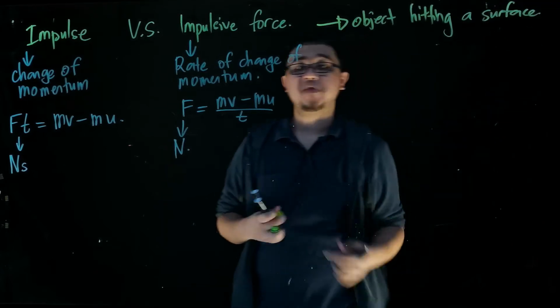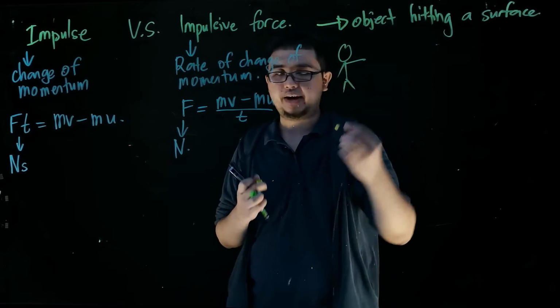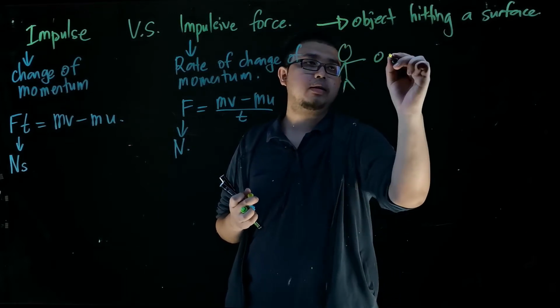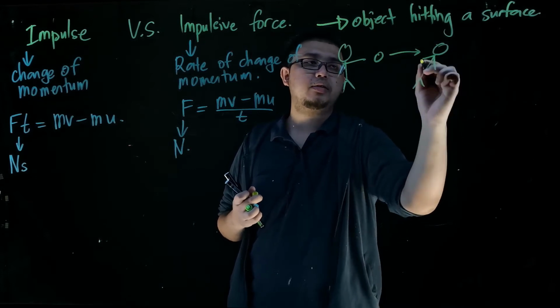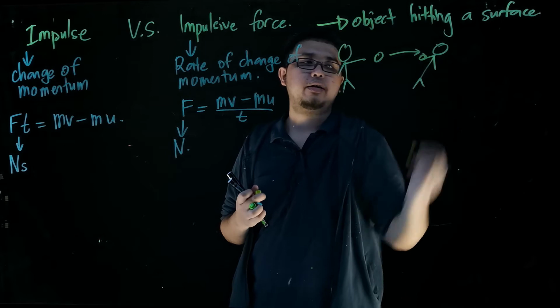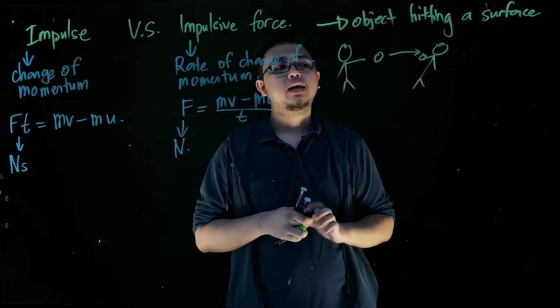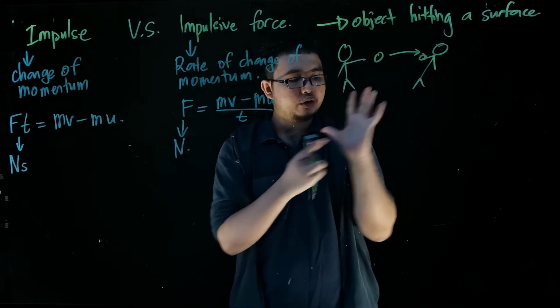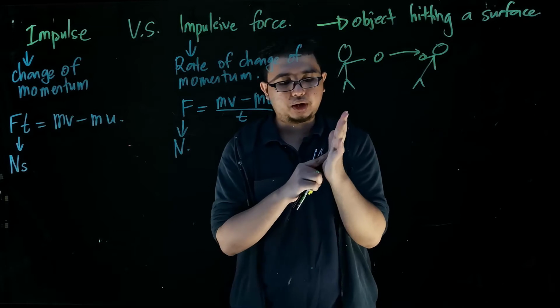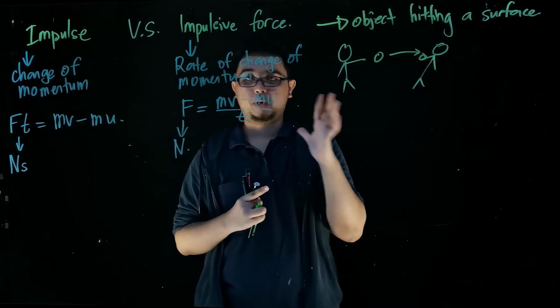For example, let's say you were playing catch with your friend. You throw a ball, and he tries to catch the ball using his own hand. Now, if the ball is moving with a high velocity, your friend is going to experience a large force on the palm of the hand, and it's going to be painful.